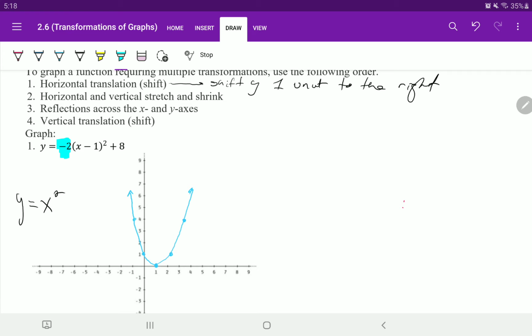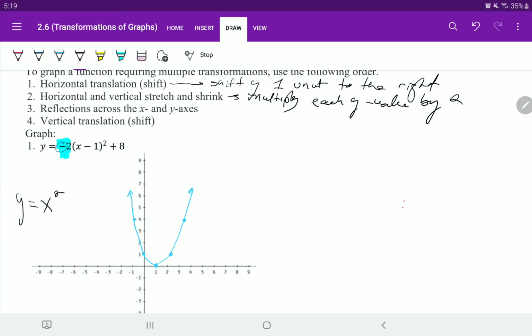And if you notice, there is also a negative on the outside of the function. So this covers 2 types of transformations. Because there's a number on the outside of the function, we're going to multiply each y value by 2.